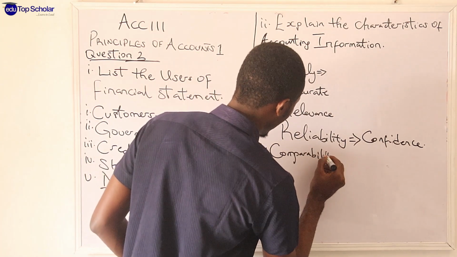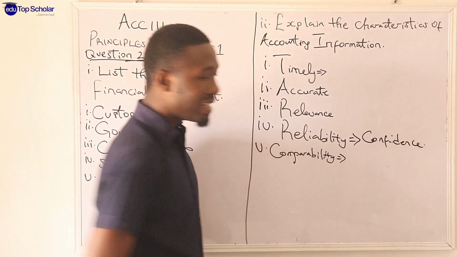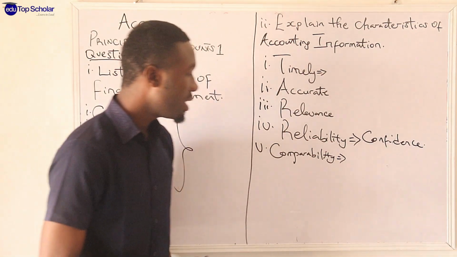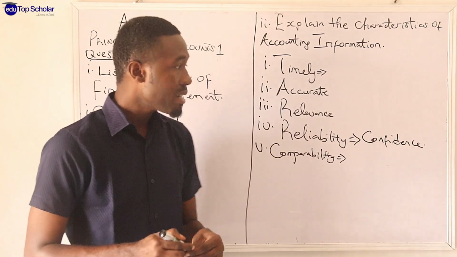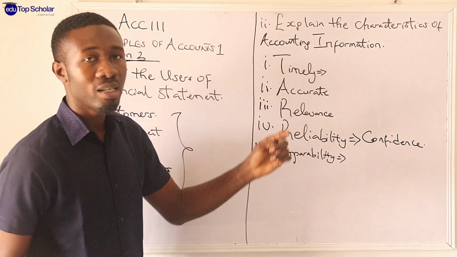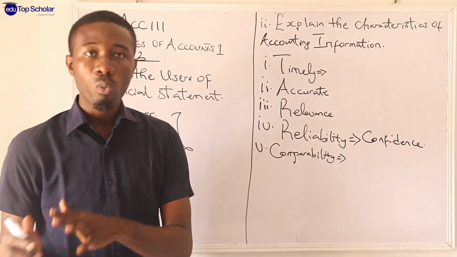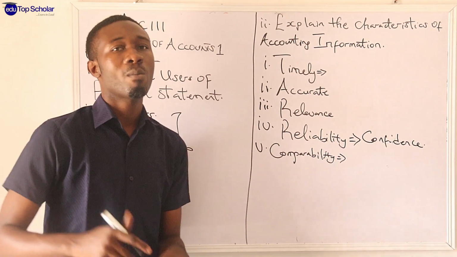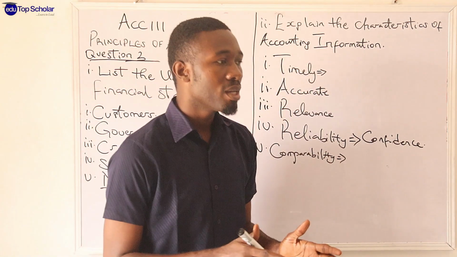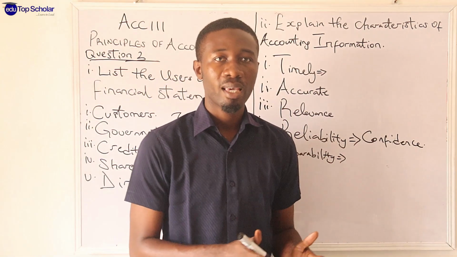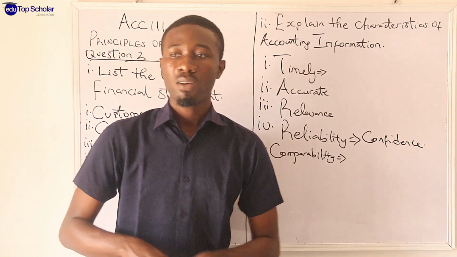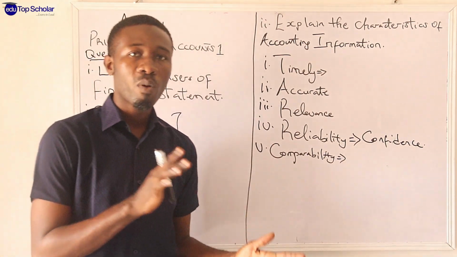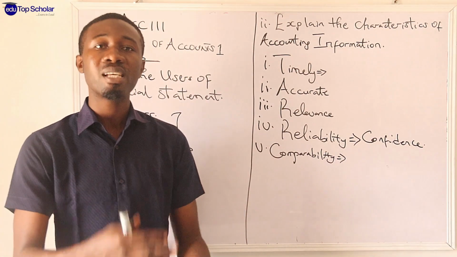Comparability. It must be comparable, and that is why it can be linked with timeliness, because you must be able to compare the income of the business from last year to the income of this year, or from 3 years ago, so you can tell how the business is doing.